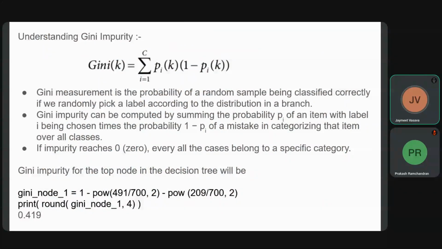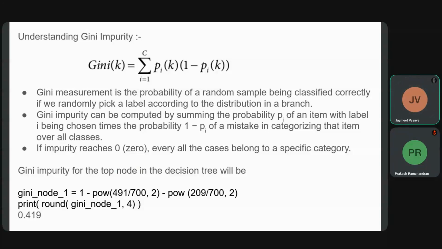Now let's understand what Gini impurity is and how it is calculated. Gini is the summation of the probability of k times 1 minus the probability of k. It's the probability of a random sample being classified incorrectly if we randomly pick a label according to the distribution in a branch.